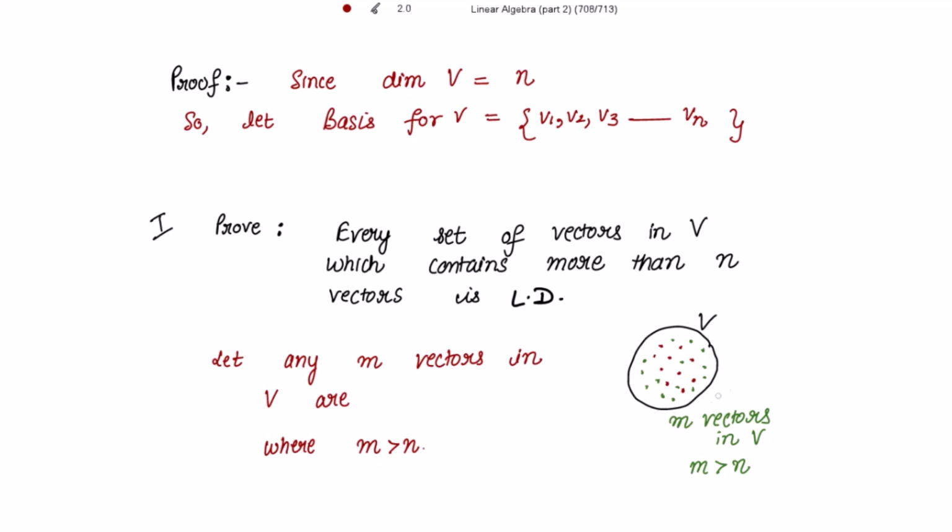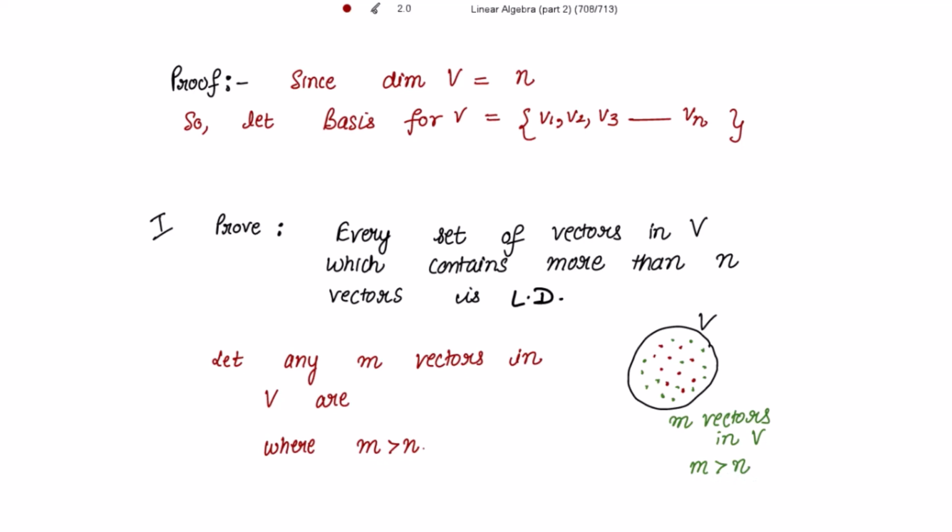So suppose this is your vector space V, and it has orange colored vectors, n in total, and then I have added more vectors, the green colored ones. The whole set of green plus orange vectors is, suppose, m in number, and this m is greater than n.